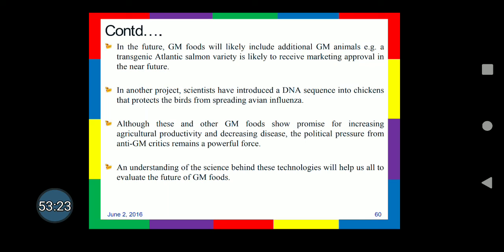Although GM food shows promise for increasing agricultural productivity and decreasing disease, political pressure from anti-GM critics remains a powerful force. An understanding of the science behind this technology will help us evaluate the future of GM foods.